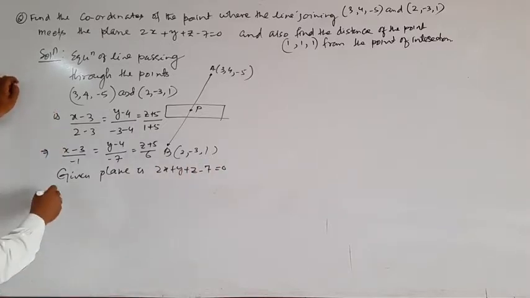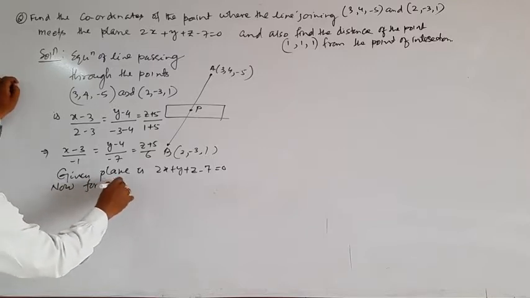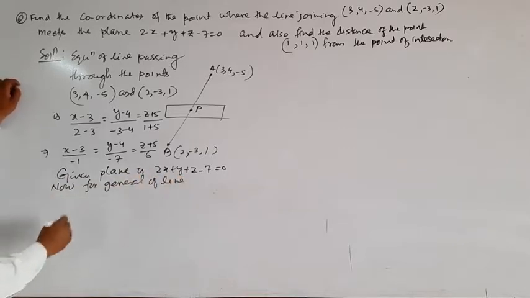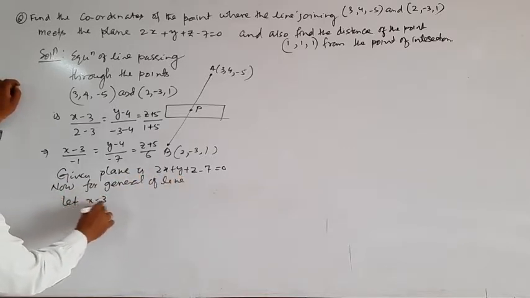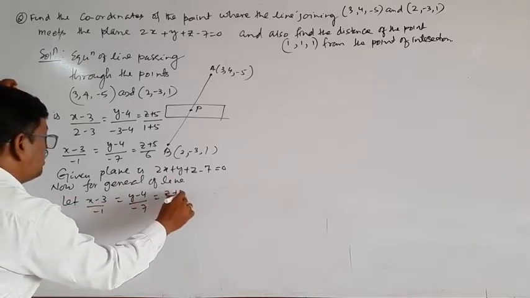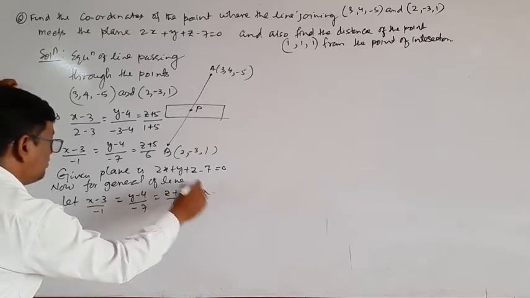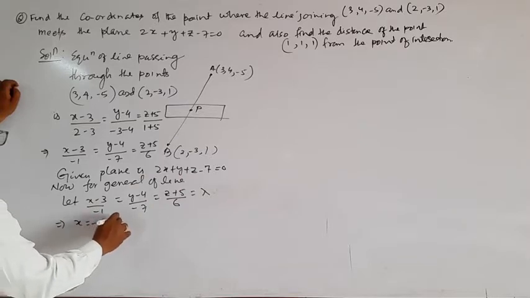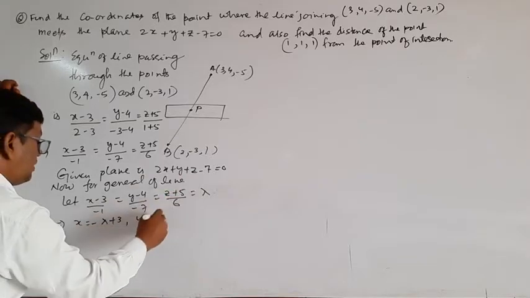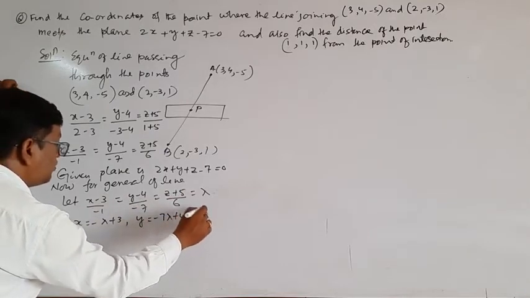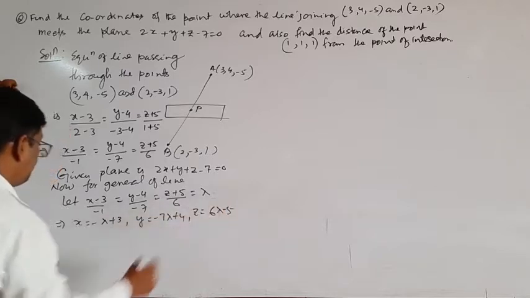Now to find general points of the line, let x minus 3 by minus 1 is equal to y minus 4 by minus 7 is equal to z plus 5 by 6 is equal to lambda. That implies x is equal to minus lambda plus 3, y is equal to minus 7 lambda plus 4, and z is equal to 6 lambda minus 5.